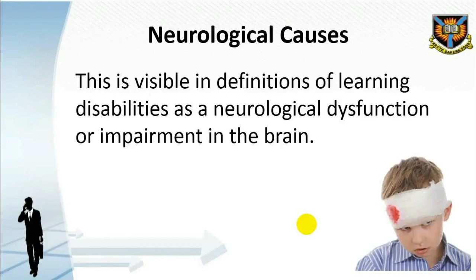Learning disabilities can set in as a result of this. Brain damage or neurological dysfunction is, however, only a presumed cause of learning disability. The actual cause might remain undetected even after thorough assessments and examination have been carried out.